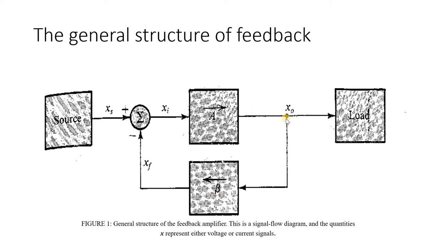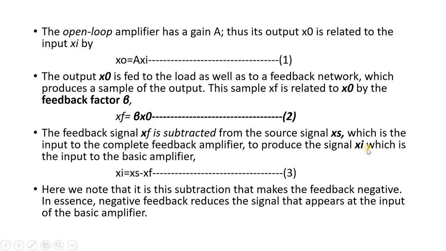The output of the amplifier gives us the output, that is x naught, in terms of voltage or current, and that will be given to the load. This is the general structure. This is a very important question actually: discuss the general structure of the feedback amplifier.